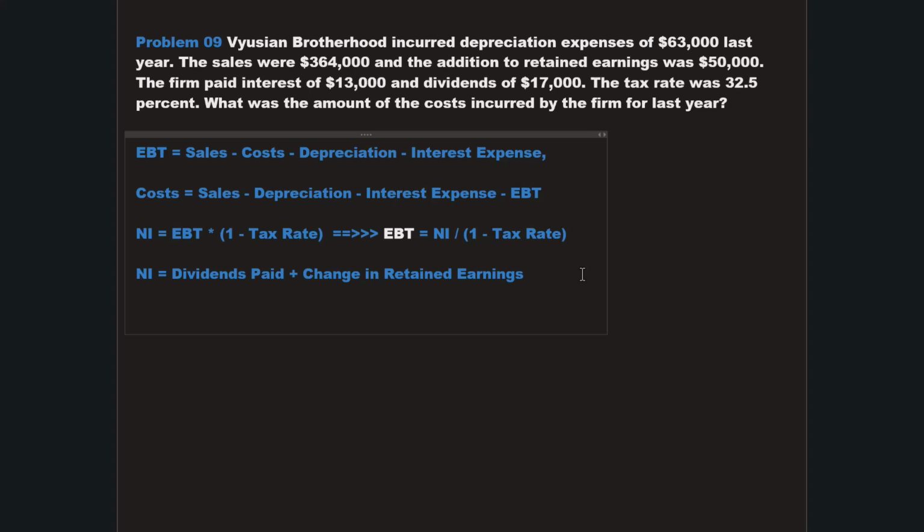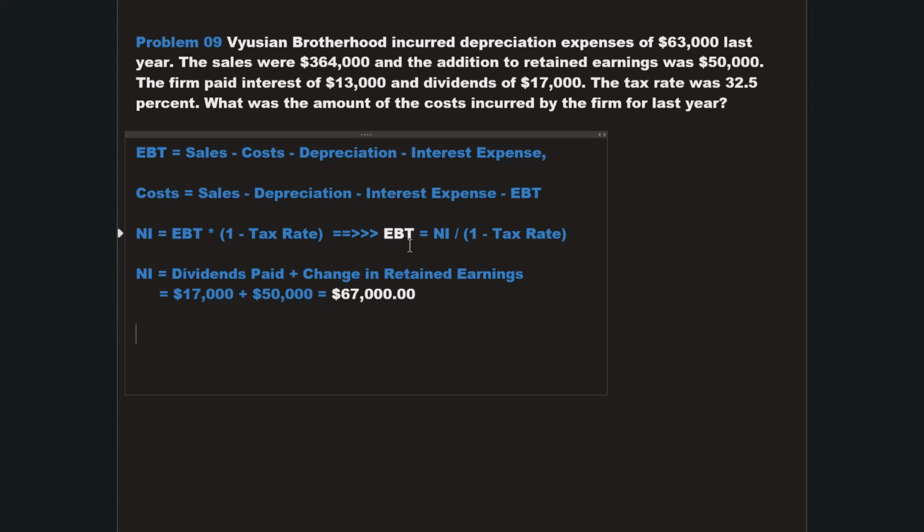Yes and yes. The firm paid $17,000 in dividends, and they added $50,000 to retained earnings. That means net income was $67,000.